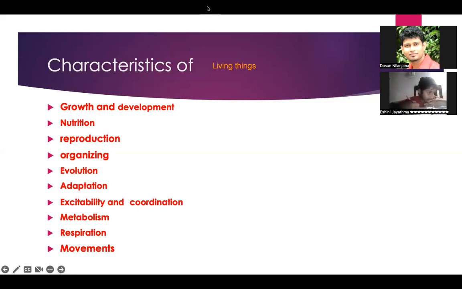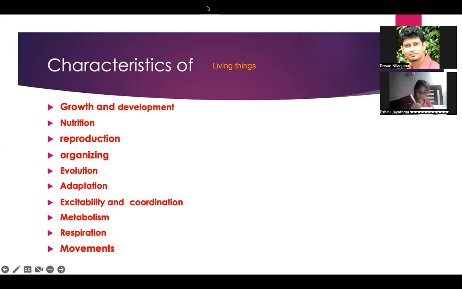Becoming a mother, bringing a child to the world, taking care of the child. Likewise, there is a natural set of processes, followed by which a new baby will come to the world. So that is common to us, common to animals and plants, as well as these invisible or very tiny microorganisms.